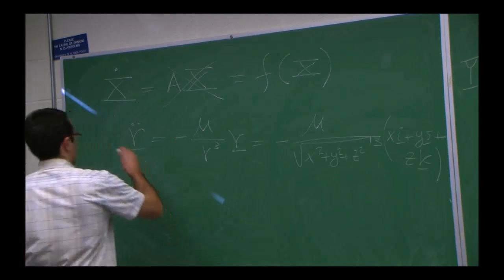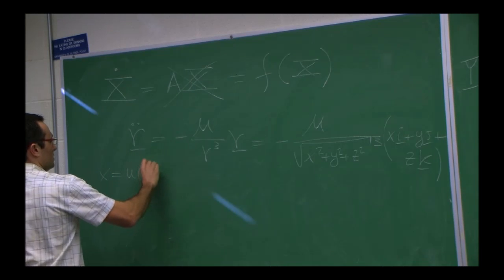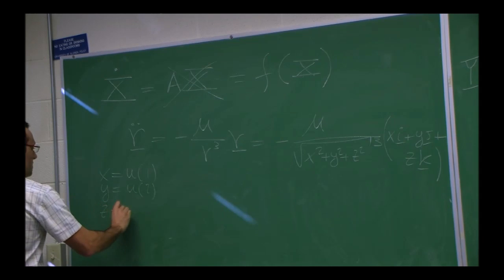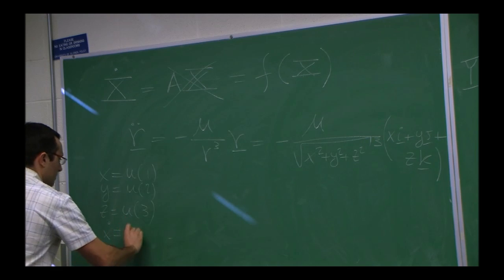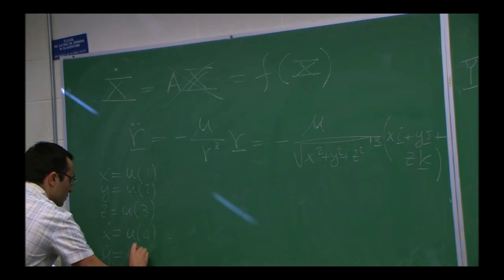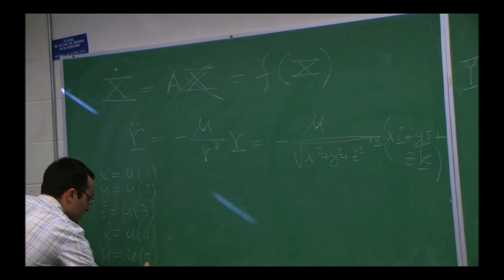If you do the substitution that I have there, x is u1, y is u2, z is u3, x dot is u4, y dot is u5, z dot is u6.